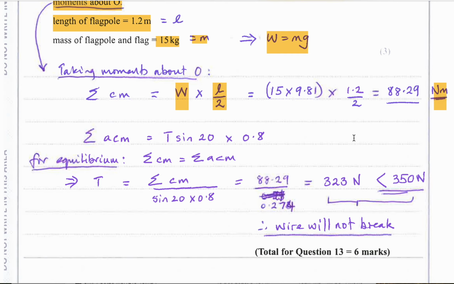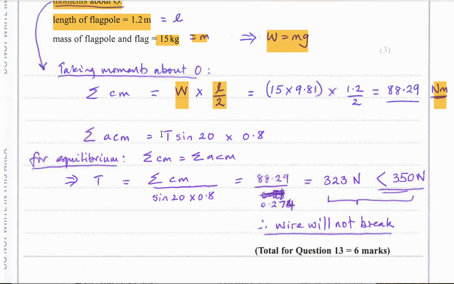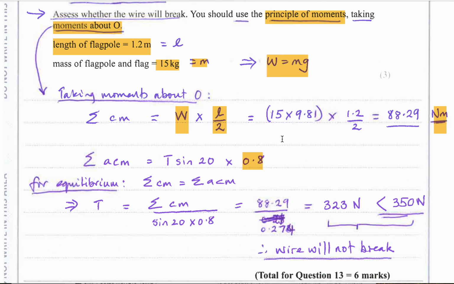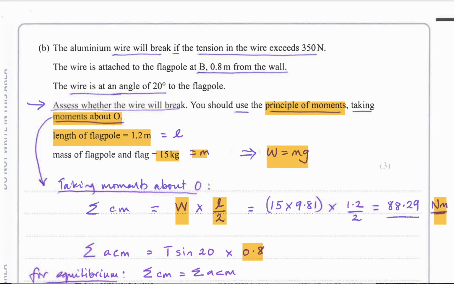Okay? And then if you do the anti-clockwise moments, it's T sine 20. So the anti-clockwise moment is a perpendicular distance, and it's told us from before that it was 0.8 meters from O. So the wire is attached at B, which is 0.8 meters from the wall.